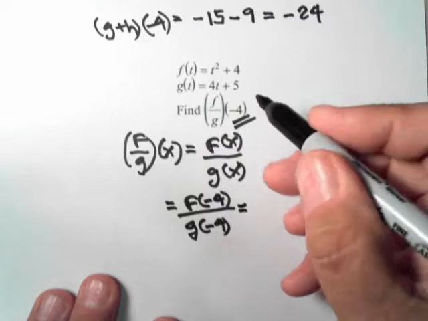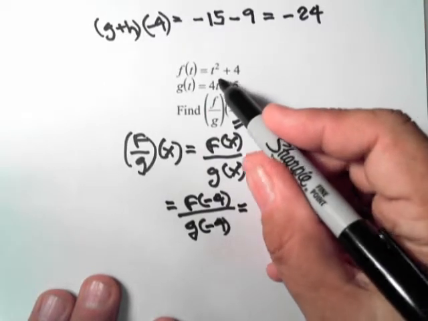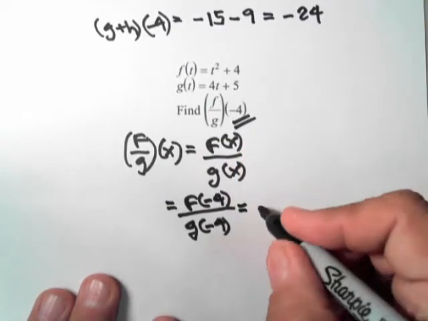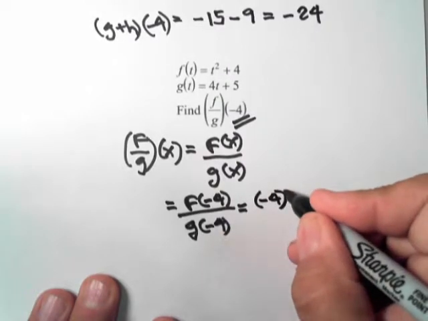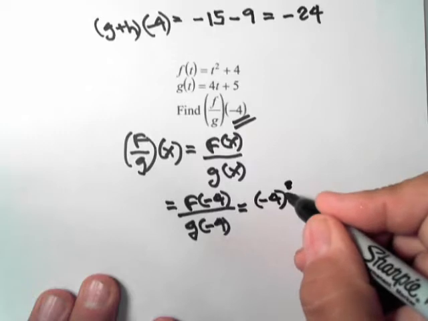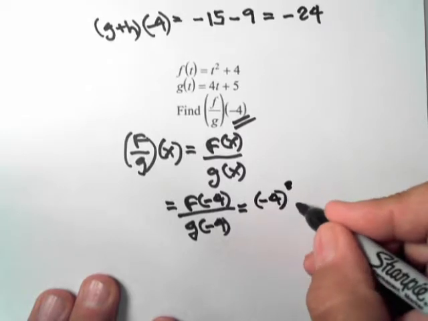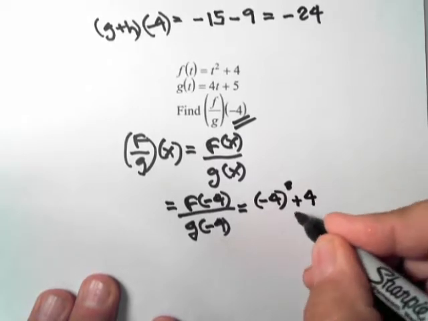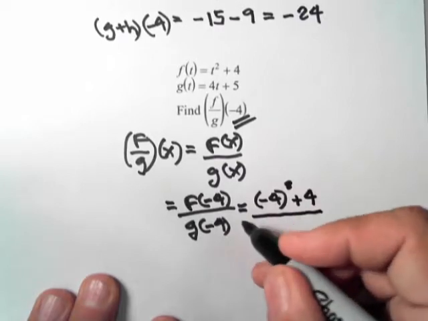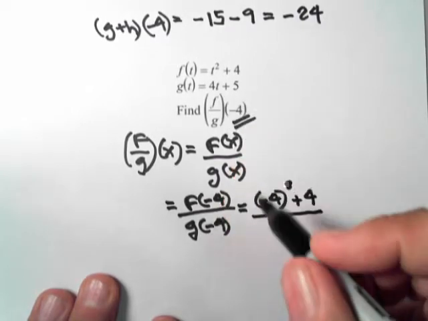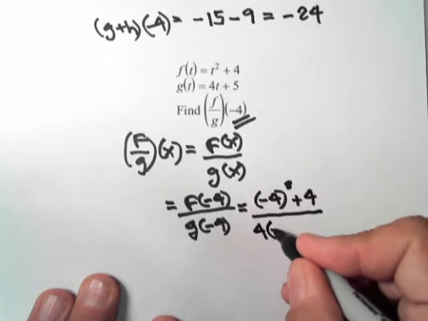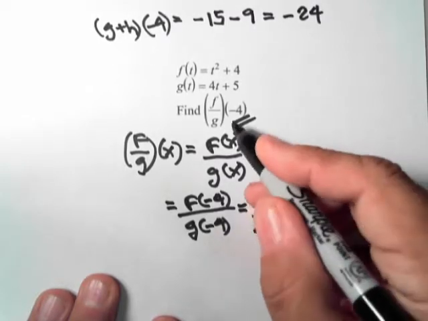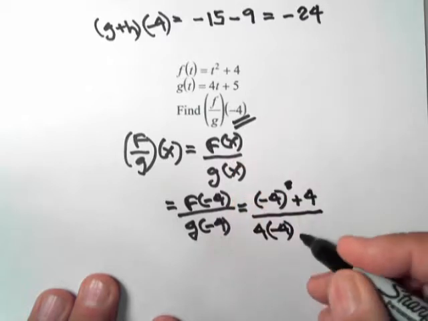Okay, well, what's this going to equal? Well, the f guy is t squared, so I'm going to be putting the negative 4 in place of the variable t. So t squared plus 4. And the guy downstairs, g, is 4 times t. And for t, we want the negative 4. And then we have, looks like it's plus 5.